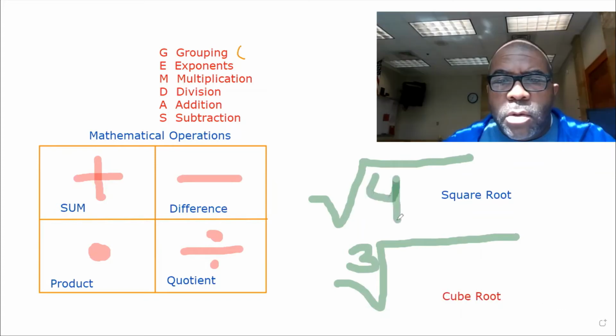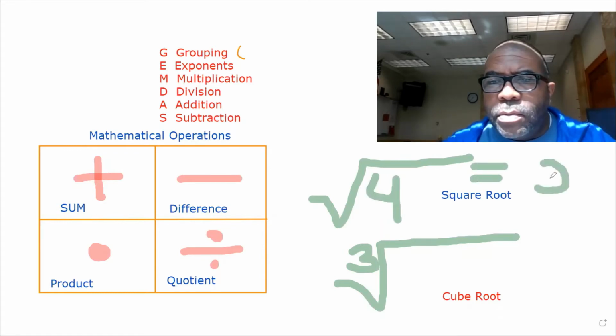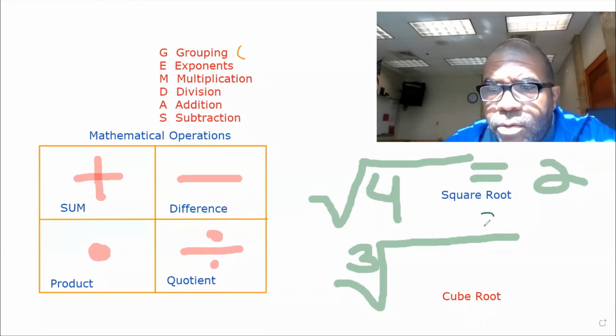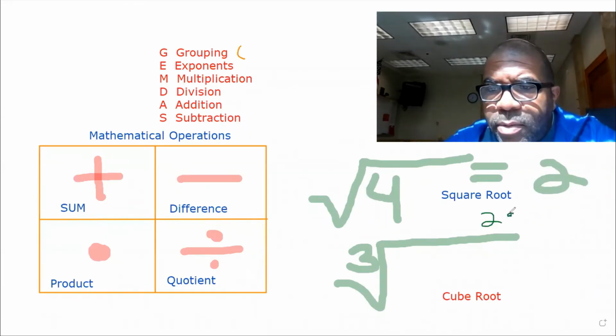What's the square root of 4? The square root of 4 is 2, because 2 times 2 equals 4.